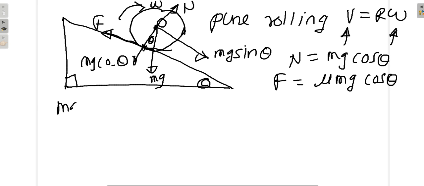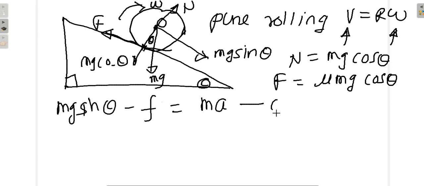So we have mg sin theta minus mu mg cos theta, or you can simply say F. We will put mu mg cos theta afterwards. Mg sin theta minus force of friction is equal to ma. This is one equation.